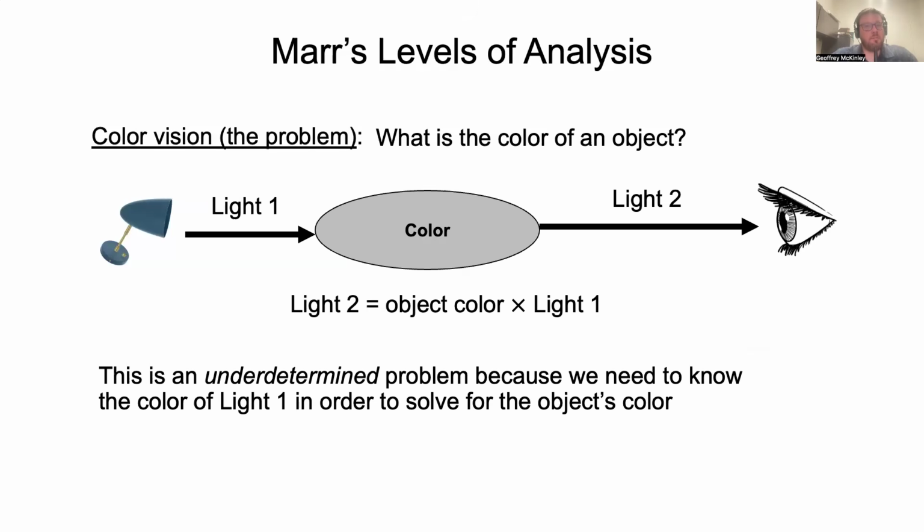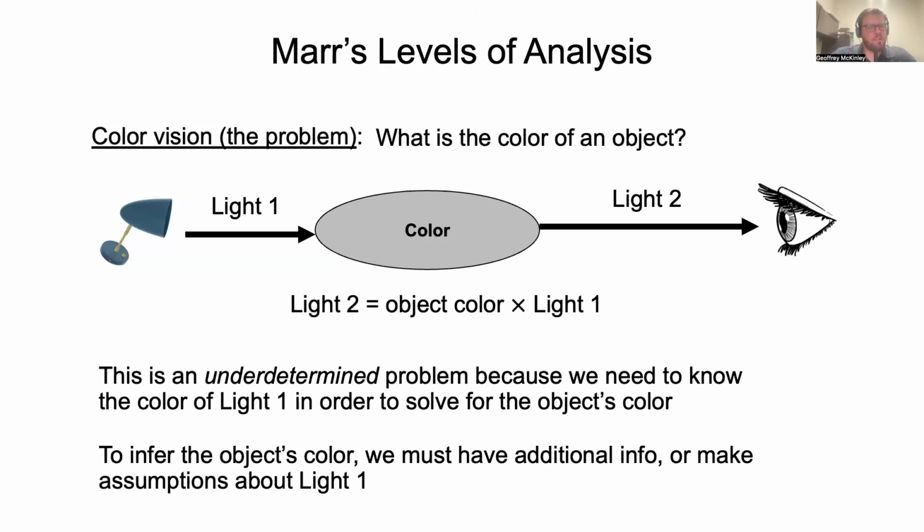There's not enough information to determine whatever the problem is that we're trying to solve. And so, in order to figure out what the object's color is or infer what it might be, we must either have additional information or we must make assumptions about light one.